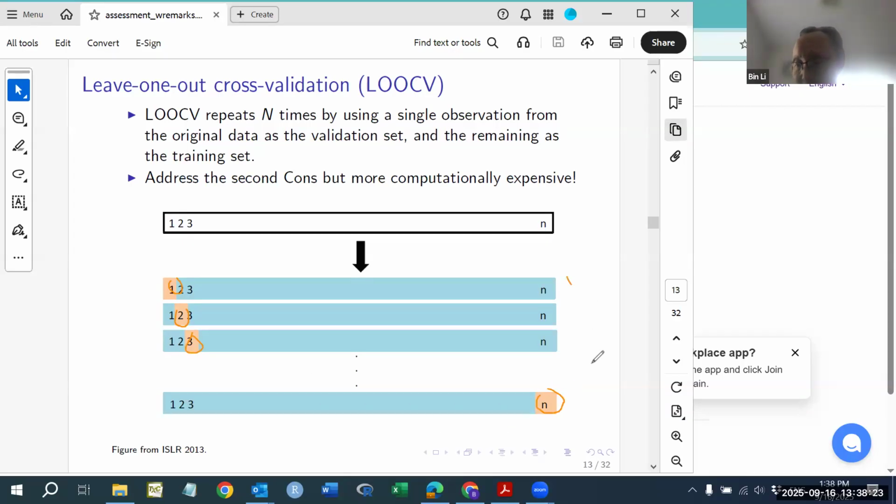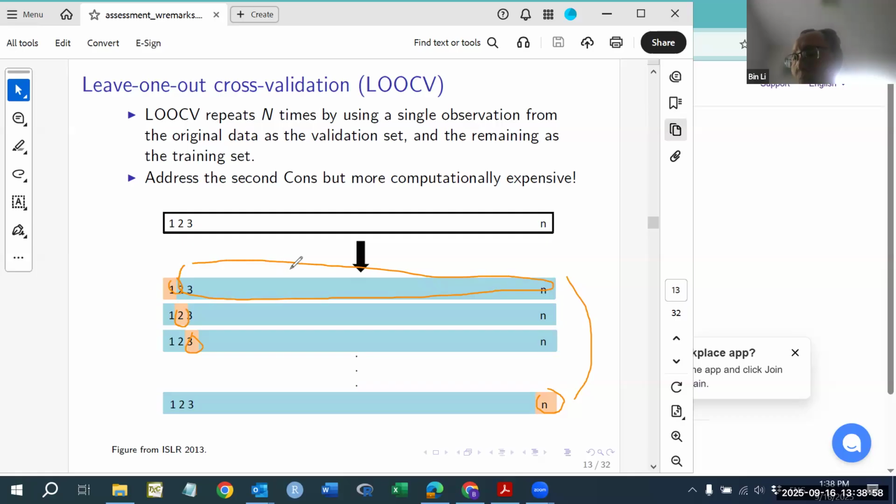So in this way, we have a cross-validation where every time we leave just one observation out, and we find its MSE, and we add them together. So that will be the mean squared error, the cross-validation error. And why is this better? Because if we have a small sample size, how many observations have we used to fit the model?